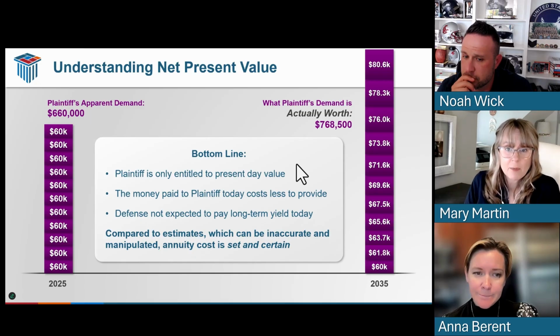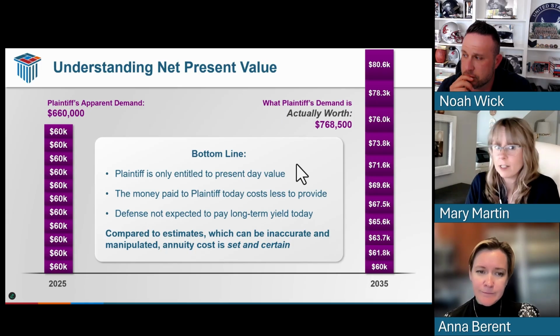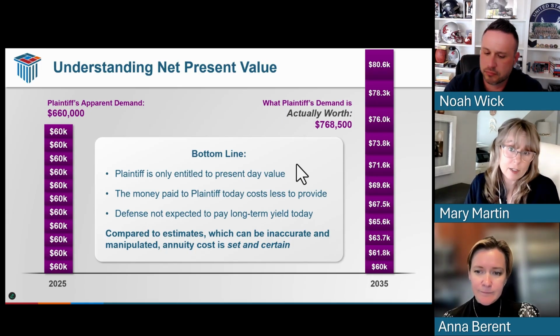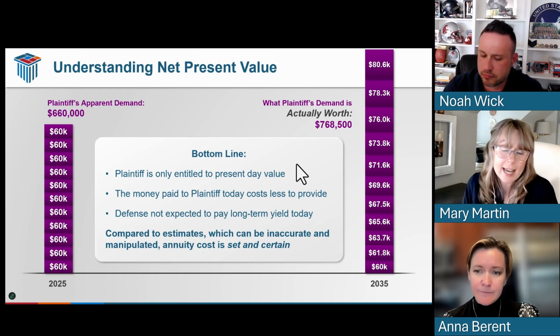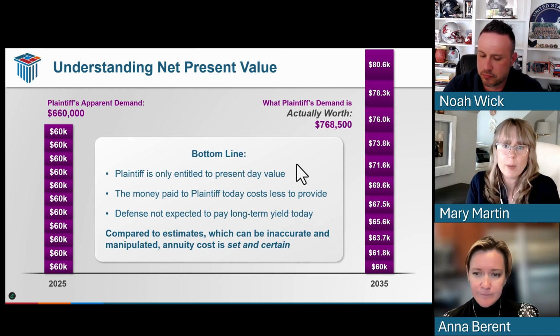The other thing that we'll throw in is that because the structure is tax-free, we're actually providing additional value there. If the plaintiff was earning $60,000, what did they net after taxes? Well, if we provide $60,000 in the form of a structure, they net $60,000.